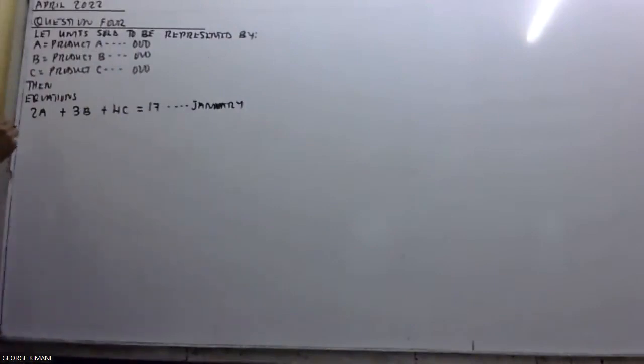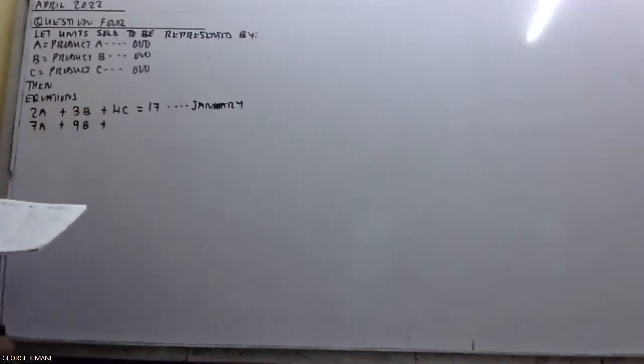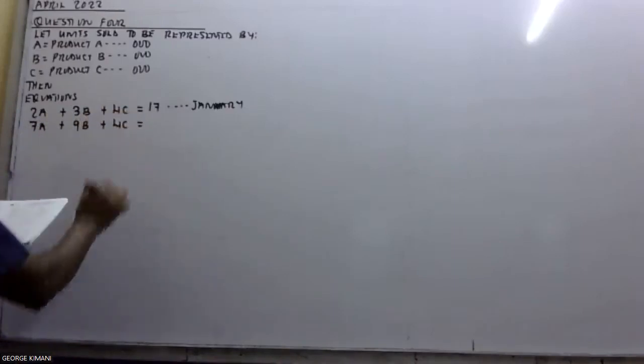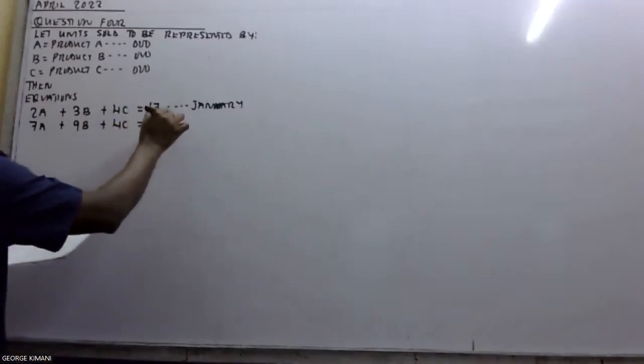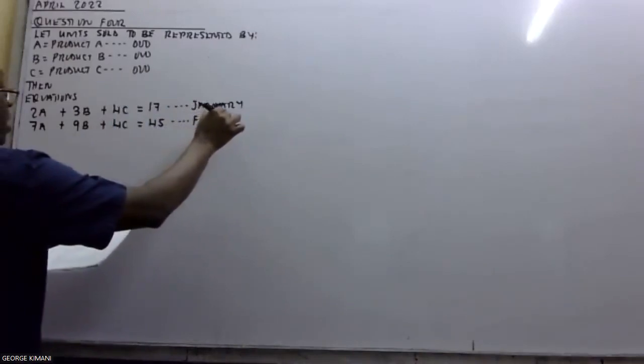All right, this next one is 7A plus 9B plus 4C is equal to 45. This is the figure in February.